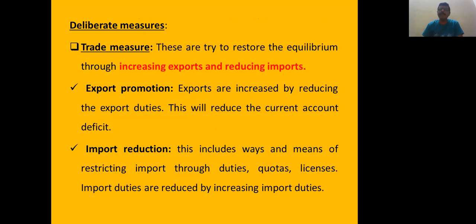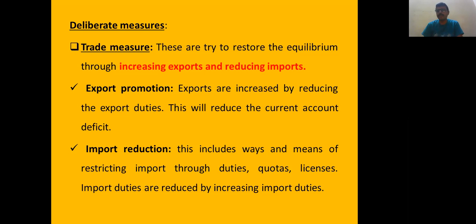For example, the government takes steps for increasing the exports or for reducing the imports. Export promotion: the government gives incentives to export goods, the consumer goods, to foreign countries. The reason is it generates foreign exchange, it generates income for the country. Because of export promotion, the current account deficit can be controlled.